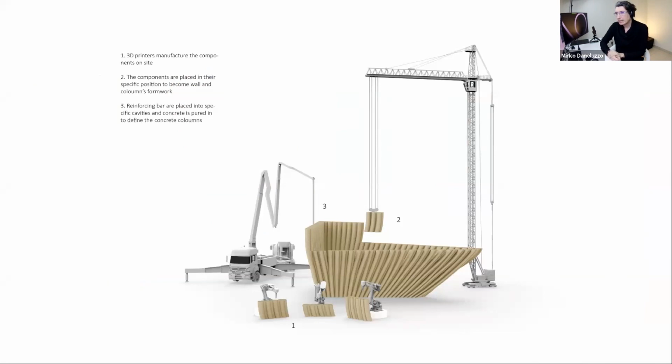In this case, the building was designed to be split and divided into chunks that are manufactured in situ, possibly, as you can see in the picture, with a series of robotic arms, and then directly moved to the place where you need them, and then cast the concrete in the cells that you have.